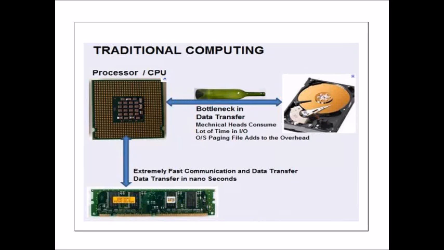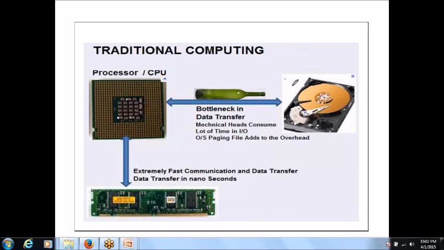Now because of these constraints, what SAP says is, let's stop using this disk based solution. So instead of placing your data on top of a disk, let's place data on top of a RAM. So what is a RAM?